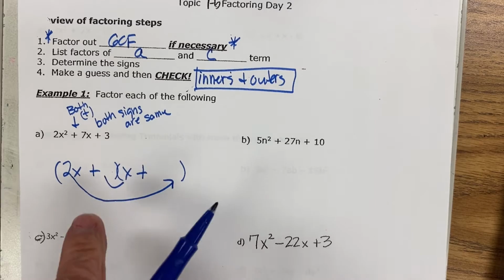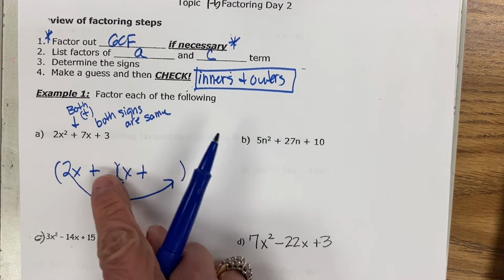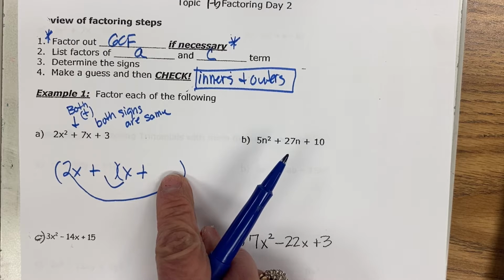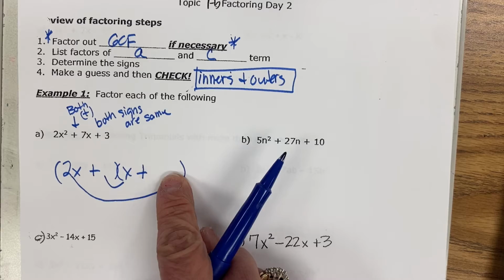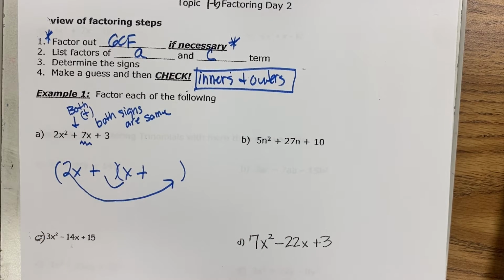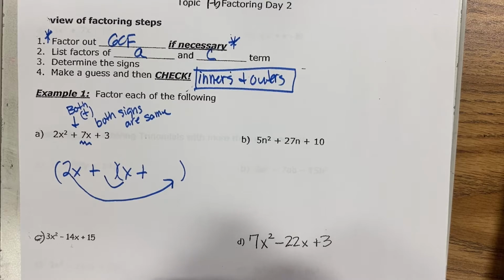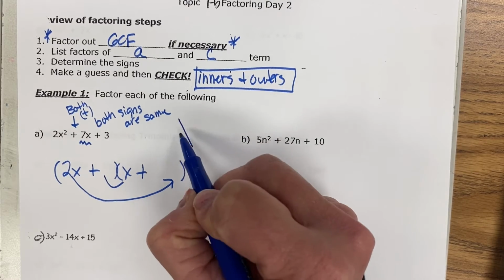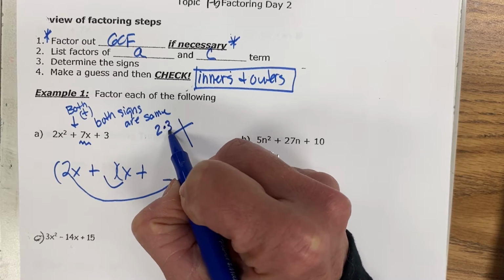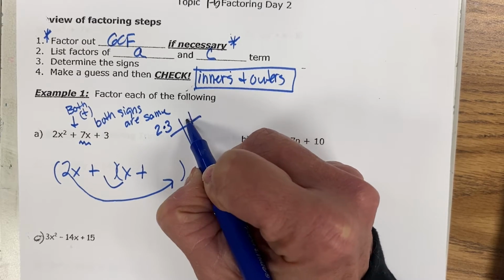So I have to determine, do I put the 3 and the 1 here, or do I put the 1 and the 3 here? Your inners and your outers have to add up to 7. So you're basically looking for 2 times 3, and then you want them to add up to 7.